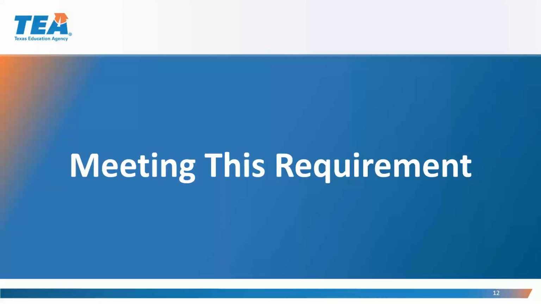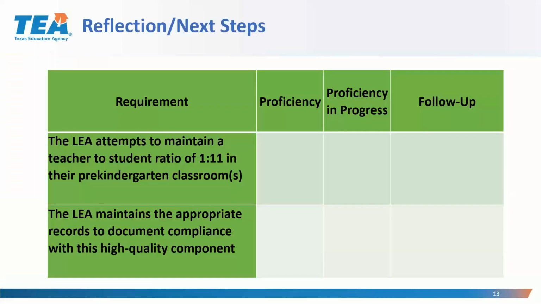Let's look now at how you might meet this requirement. I would encourage you to do some reflection now, mainly to determine your next steps. This slide contains a checklist of the requirements that are associated with teacher-to-student ratio in pre-kindergarten. So once you read, you'll see there are 2 requirements there. And once you read those 2 requirements, then I would like you to reflect on, are we meeting that?